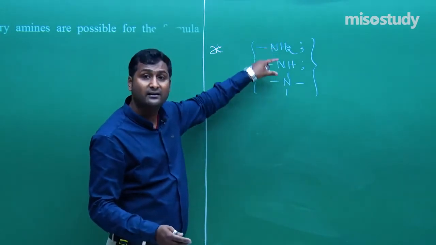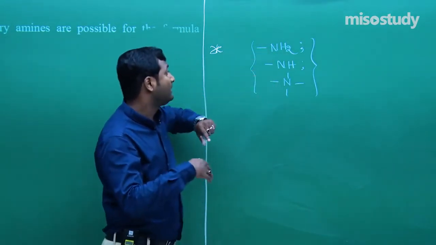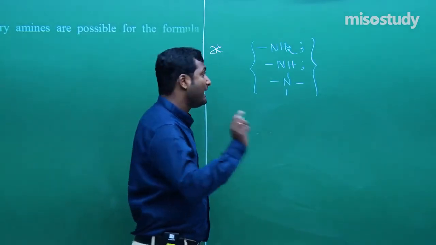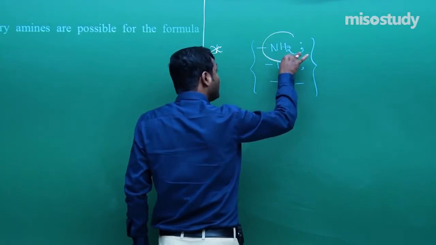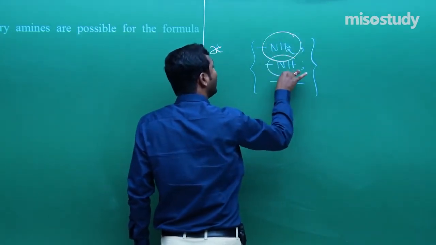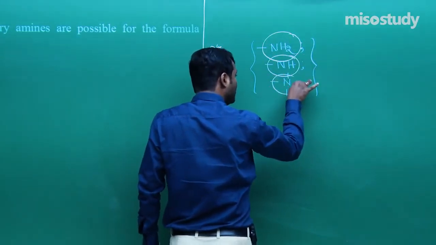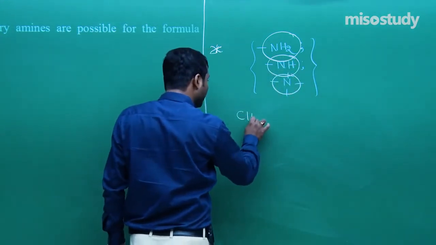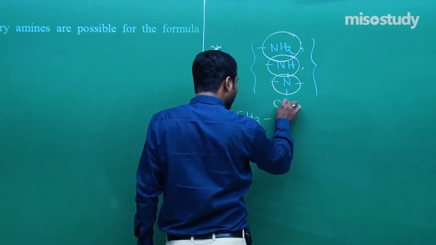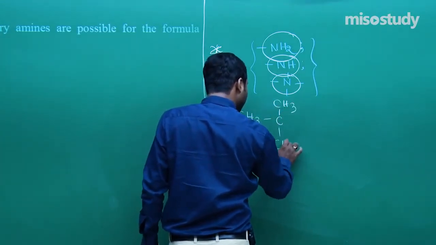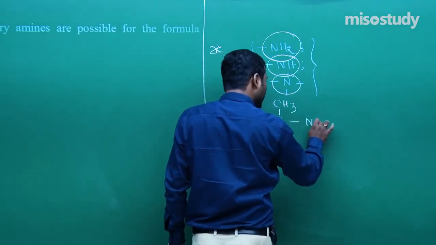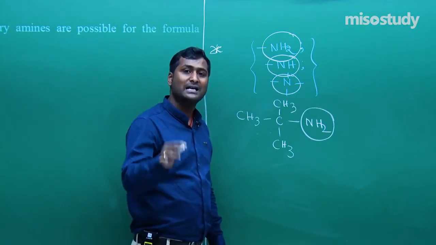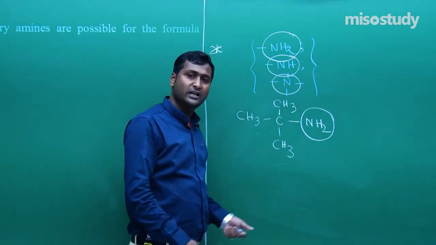Here the functional group plays a vital role in differentiating them as 1 degree, 2 degree and 3 degree. If I write CH3, CH3, then CH3, then NH2, if there is an NH2 group, then it is considered a primary amine, not a 3 degree amine.